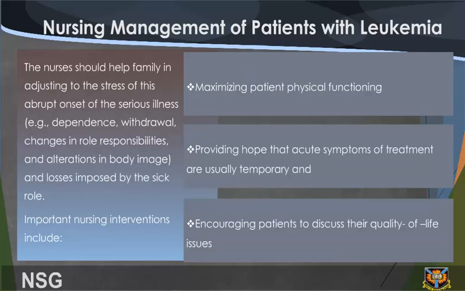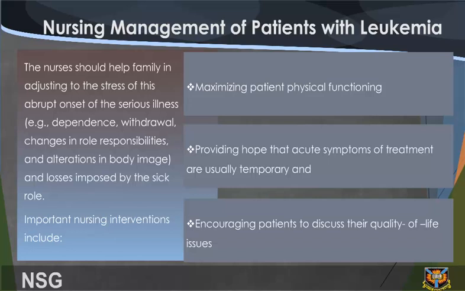The nurses should help family in adjusting to the stress of this abrupt onset of the serious illness, e.g., dependence, withdrawal, changes in role responsibilities, and alterations in body image, and losses imposed by the sick role.